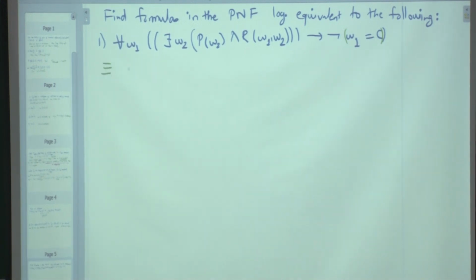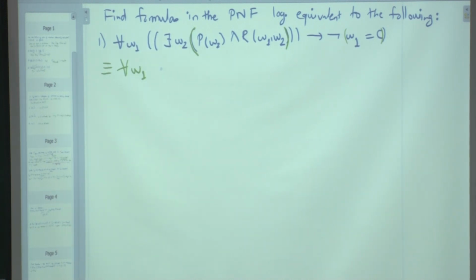So this is logically equivalent to for all W1, I should take it out from, so see, this is the green bracket, then there is one thing outside, so I should take it out from this blue one, the inner one.